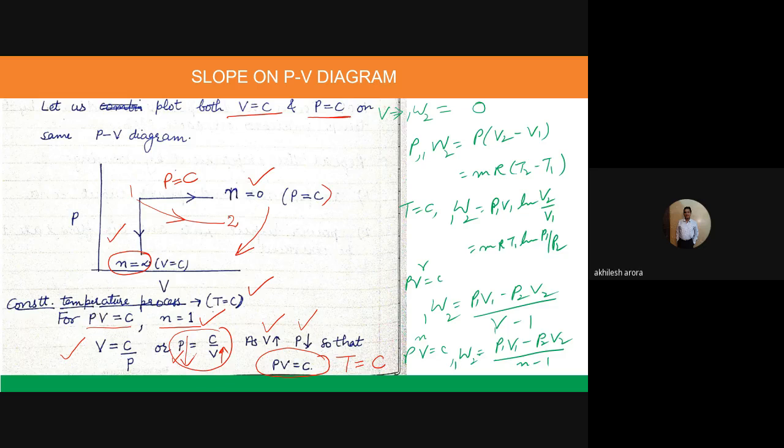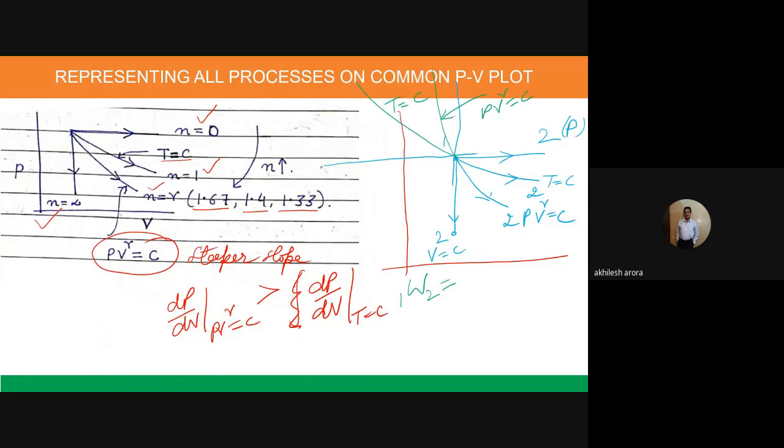So these are the 5 relationships for the work transfer. Then we have calculated the value of n. The value of n is equal to 0 for a constant pressure process. It is equal to 1 for a constant temperature process. It is equal to gamma for a reversible adiabatic process. And n is equal to infinity for a constant volume process.